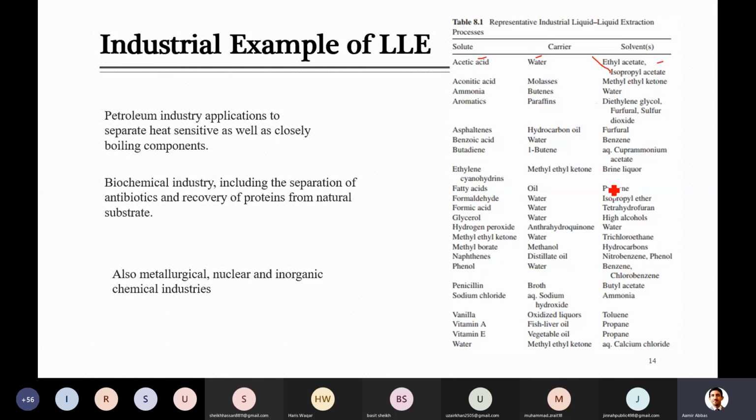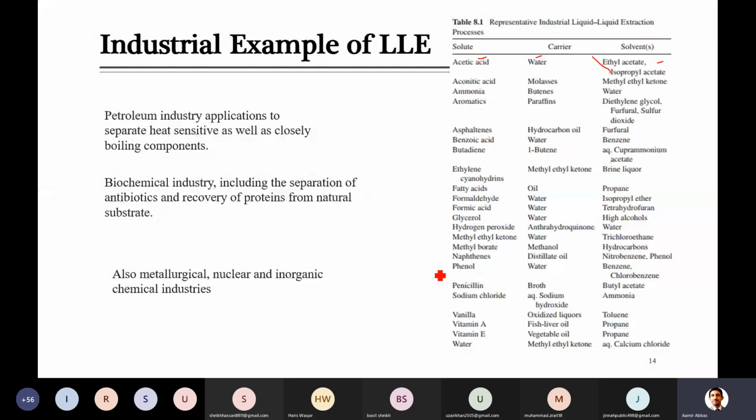So here, if you look, majorly they are hydrocarbons, as I told you that this technique is mostly used in petroleum industries or petrochemical industries. So in these you will see majorly hydrocarbon separation. But if you are removing something else from the hydrocarbon, then you will be using water, and the last part is related to the biochemical industries.